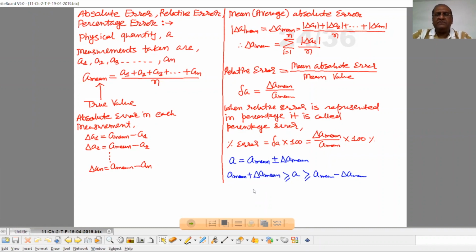But suppose large oscillations are given to it, then definitely some error will appear in it. That is imperfection in experimental technique. Then personal error appears due to some bias of the observer or some personal defect of the observer.